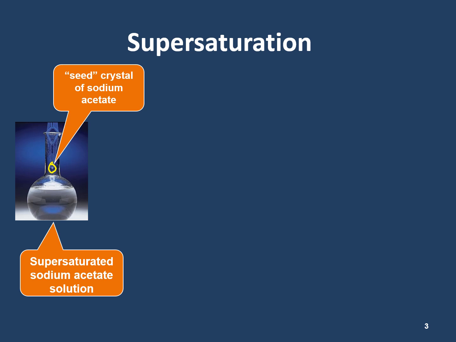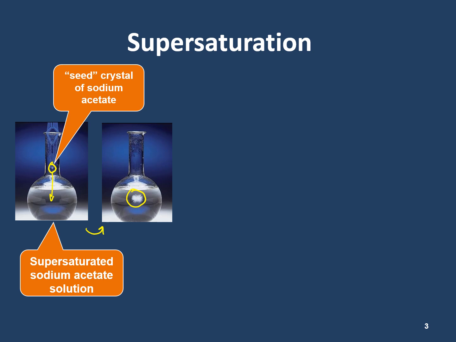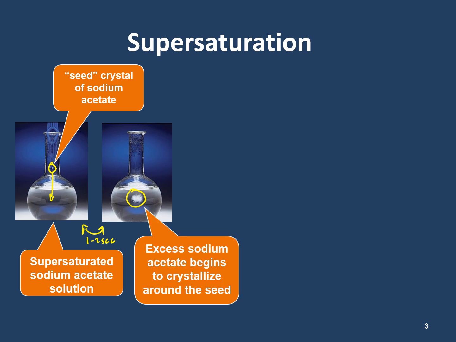That tiny piece gives the rest of the solution the perfect excuse to build a crystal off of it, and it'll continue precipitating out until we get to a saturated solution. After we drop that little crystal in, you can see it dropped, it went down here, and now it's already that big. These two images are probably 1 to 2 seconds apart, to give you an idea of how quickly this occurs.